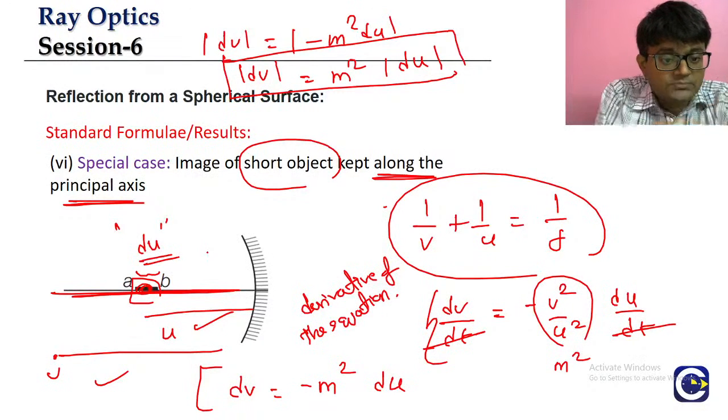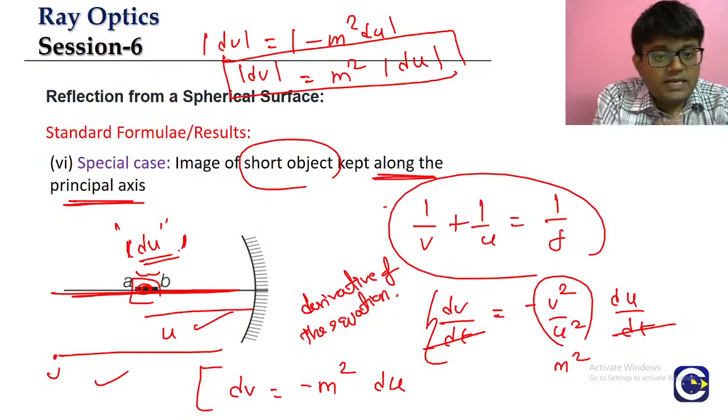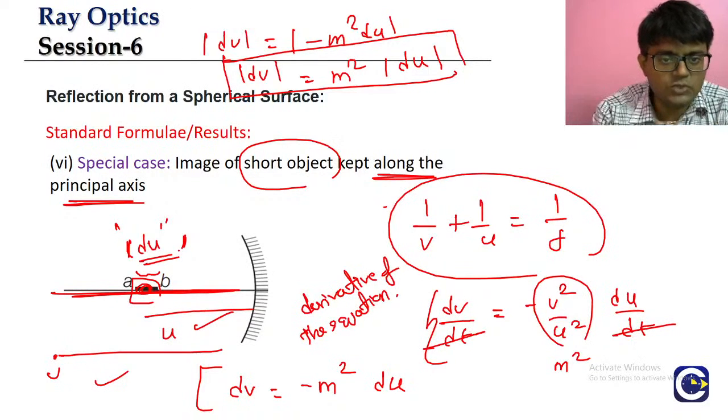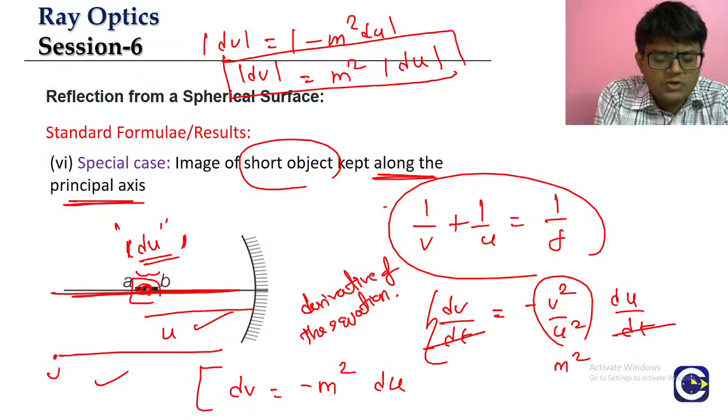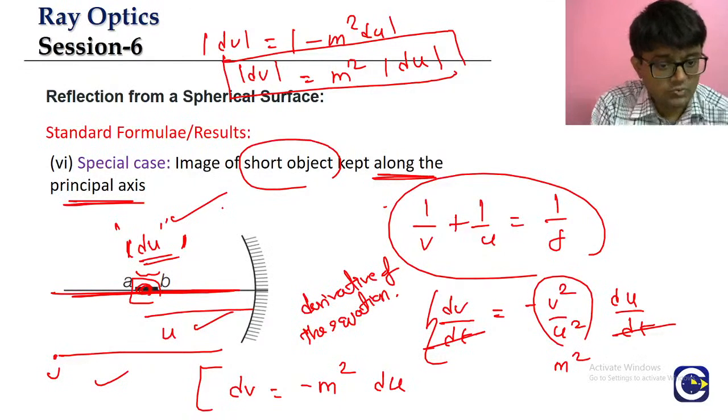Modulus means whether it is a positive or negative value, we are just looking at the length, the absolute value. So modulus of du represents, at that particular position, the small spread of that object.